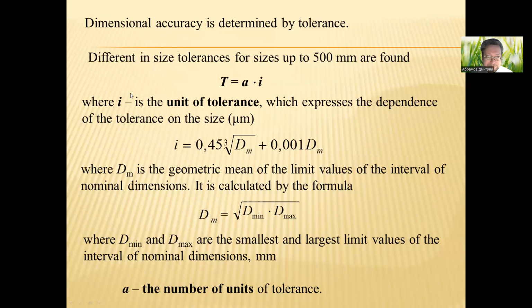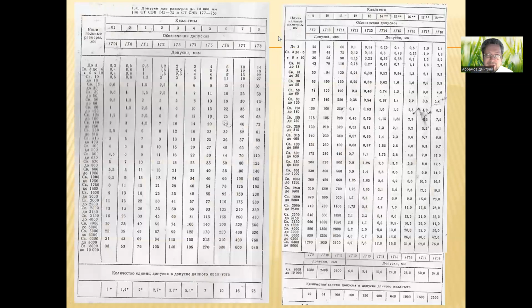So that was I, the unit of tolerance, and A is the number of units of tolerance. In these tables, you can see the numbers of units of tolerance A. For IT grade 01, A is equal to 1.